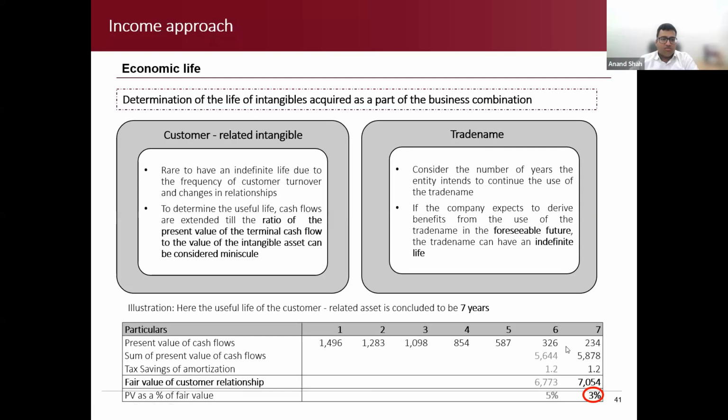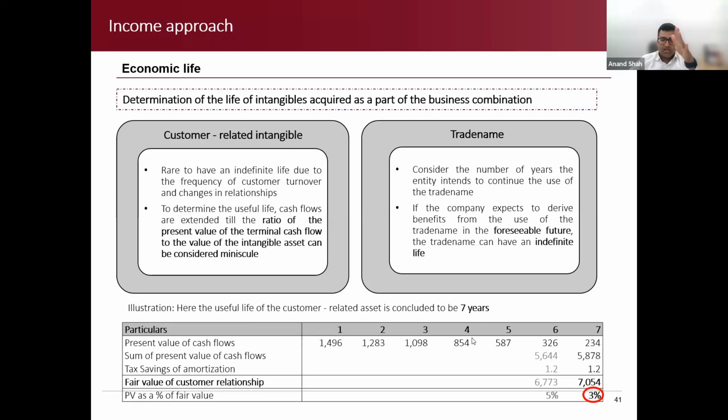So as I was saying, for customer relationship, it's rare to have an indefinite life due to the frequency of customer turnover. And generally, in this illustration here, we keep extending up till the time, like in year 7, the 134, the additional increment is basically less than 5% of the total value of the asset.